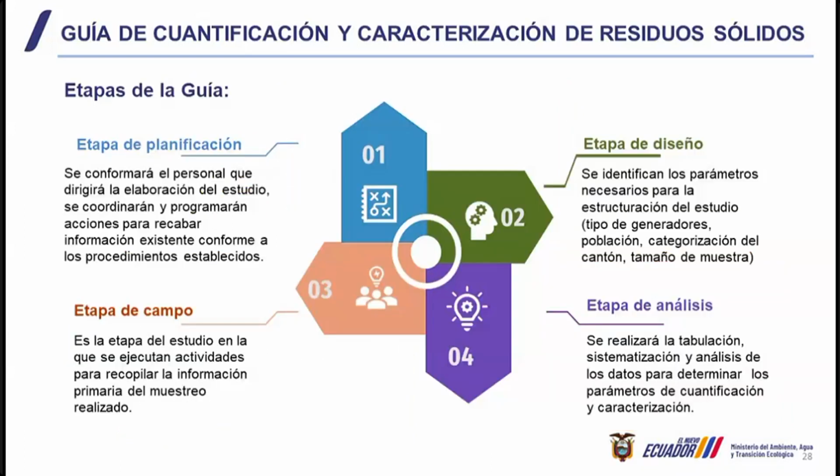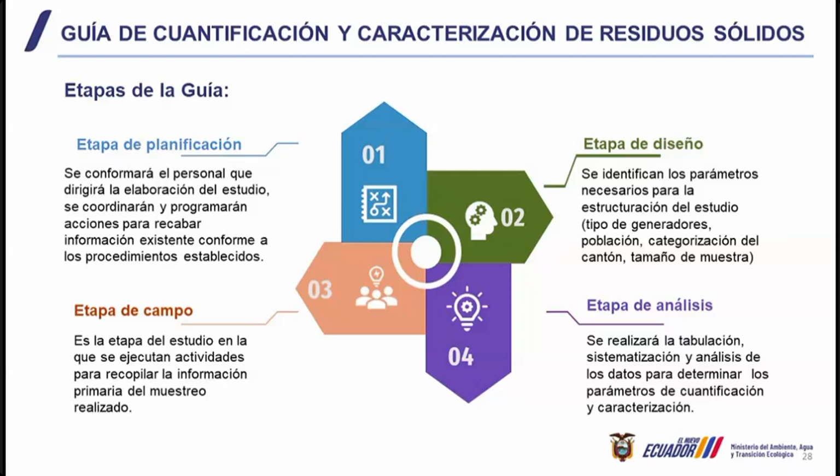¿Cómo está conformada esta guía? Básicamente comprende dos procesos: estimar la cantidad que se generan de residuos sólidos, y segundo, la característica y composición física de los residuos sólidos, a través de la ejecución de 4 etapas: la de planificación, que es la conformación y el diseño de la planificación que deben hacer los municipios para implementar este estudio de cuantificación; la etapa de diseño, donde se establecen los generadores, y algo importante que hemos incorporado es que diferenciamos los procedimientos de acuerdo al tipo de municipio en función de su población.